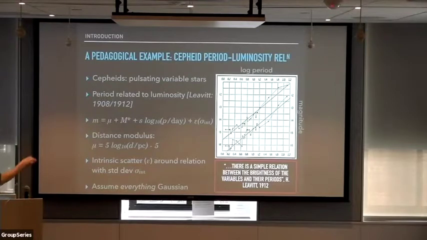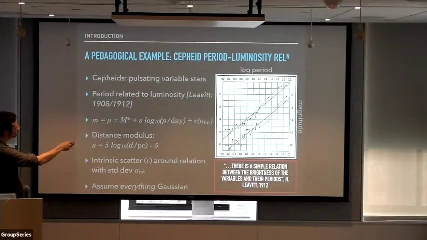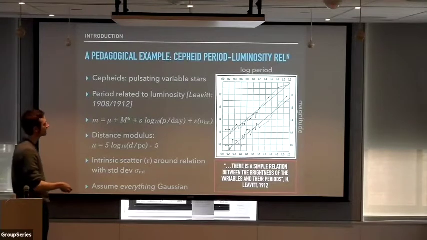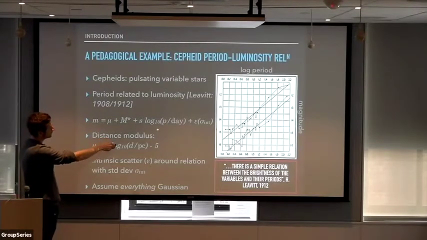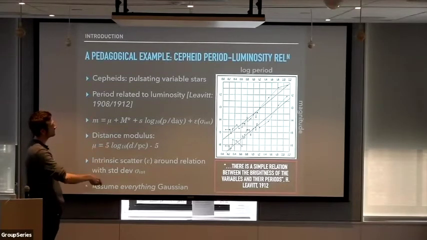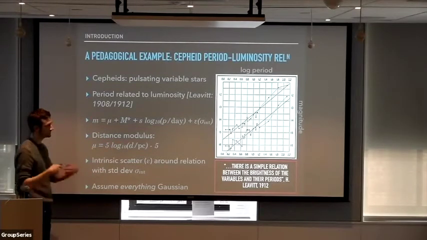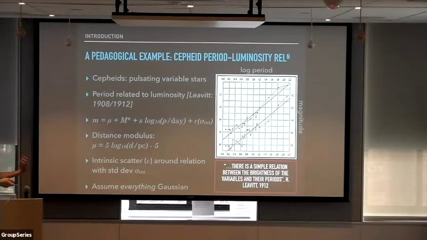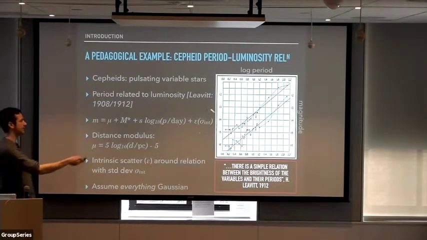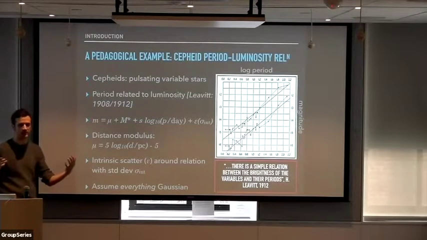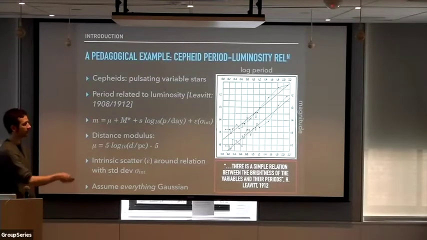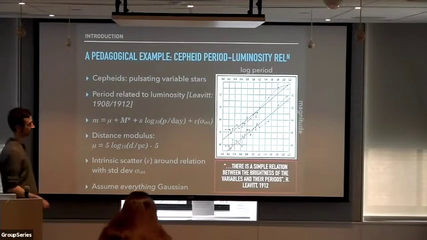And so you can write this down in quite a simple way: the observed apparent magnitude of these Cepheids is their distance modulus, plus some intrinsic absolute magnitude, plus a slope times their log period, and then there's some intrinsic scatter about this. This isn't a perfect process, so you can model the intrinsic scatter as essentially Gaussian deviations away from this mean relation with some standard deviation sigma_int.